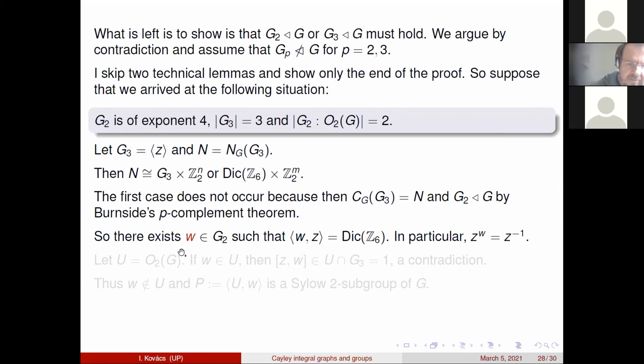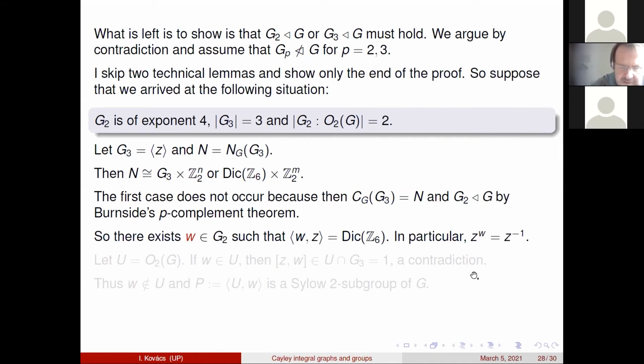I color this W because this will play an important role in my proof. I'm hoping for a contradiction, and I'm just collecting the important elements which will actually give me the contradiction. So we have this W, and note that because this is dicyclic, this W inverts Z.